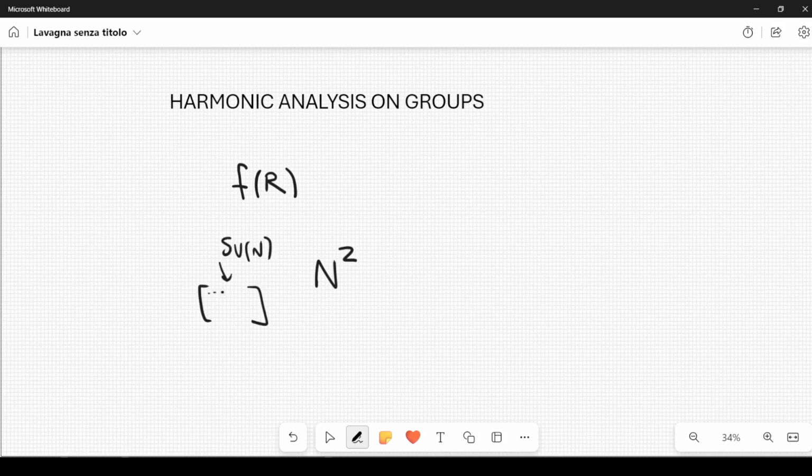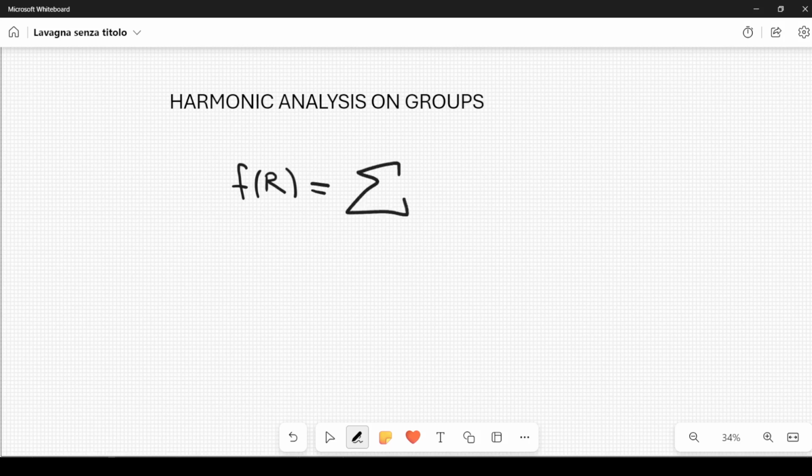So you have n elements on the row and n elements on the column. So you have n squared elements. And then you subtract 1, which gives the number of parameters of the group. So in 2 dimensions, for SU2, you have 4 minus 1. That is 3 parameters.